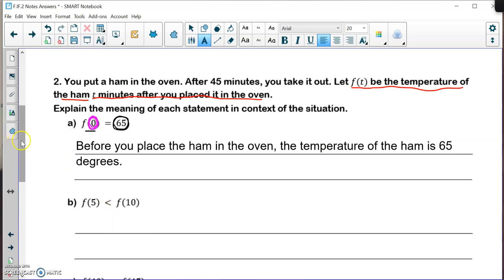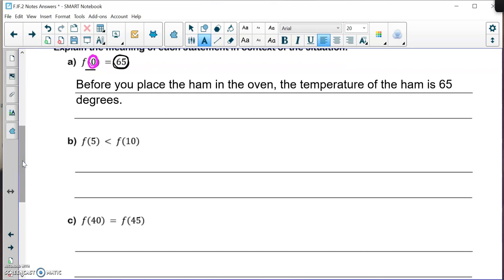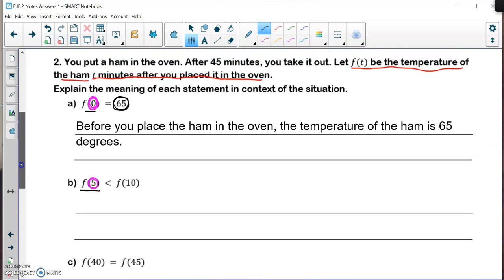Now, letter B says F of 5 is less than F of 10. Remember, what's in parentheses is technically your X value. So F of 5 represents the temperature of your ham after it was placed in the oven for 5 minutes. And F of 10 represents the temperature of your ham after it was placed in the oven for 10 minutes.